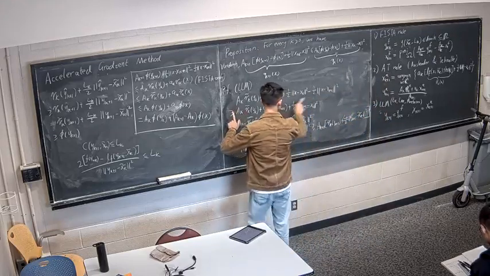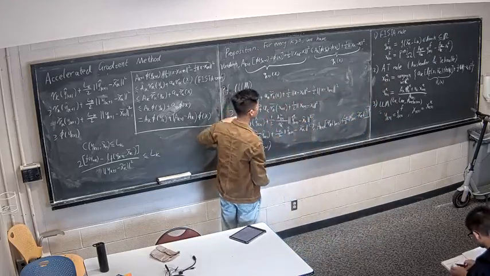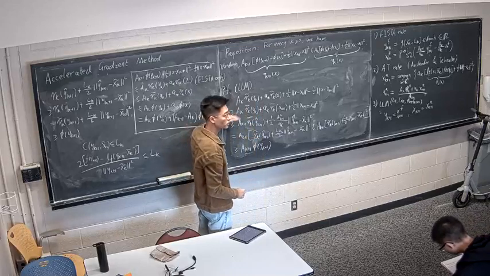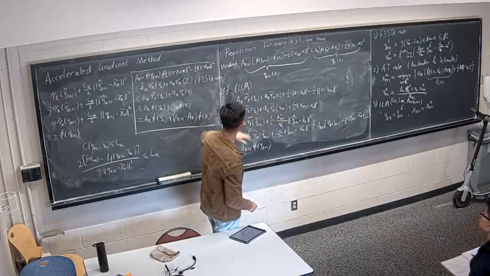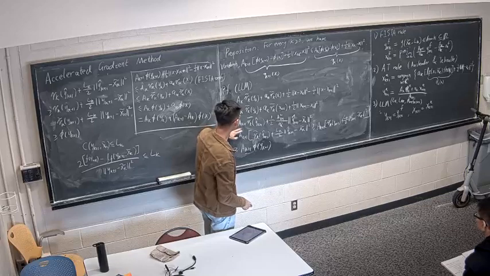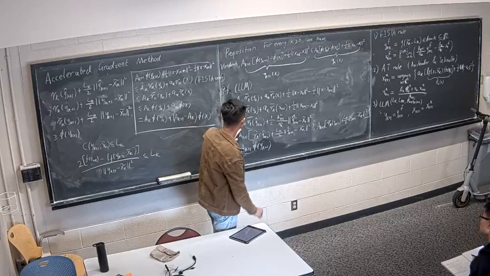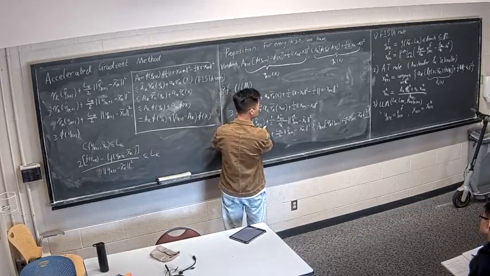So the first inequality still holds, right? Because they are both by the same argmin. The first line still holds, and for the second line, we again use convex combination.